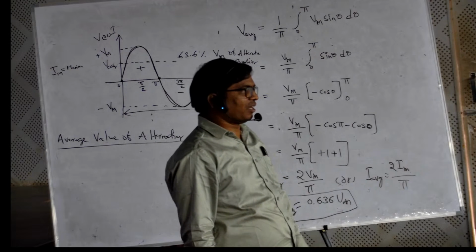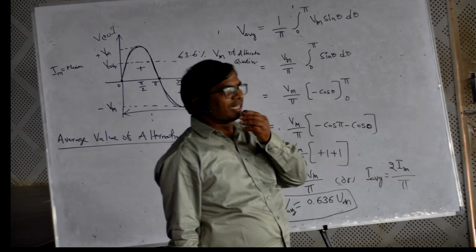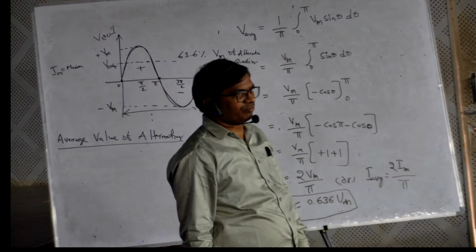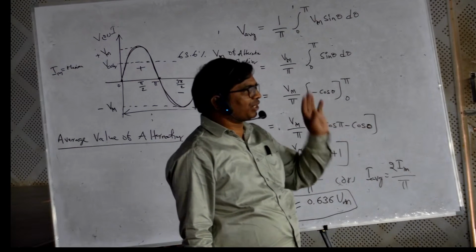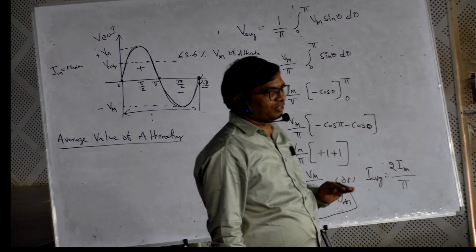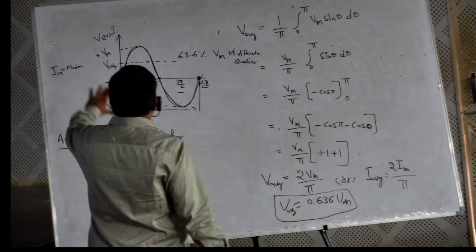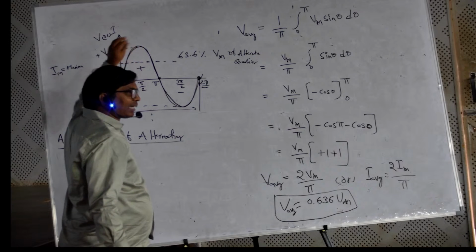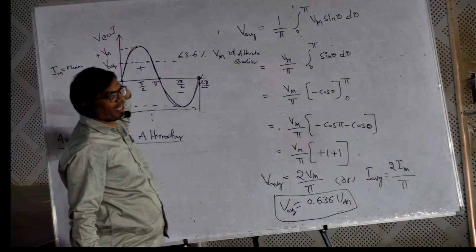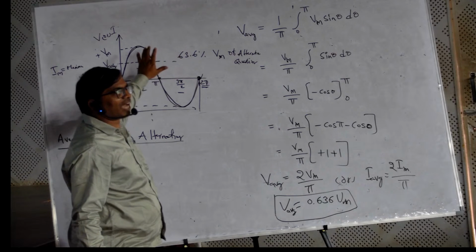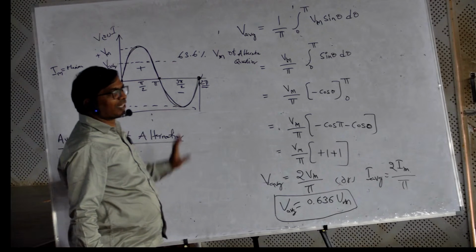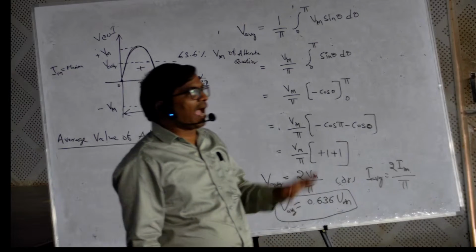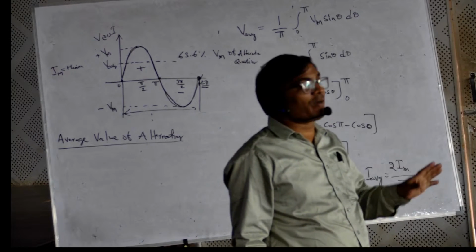Generally, for an alternating wave or symmetrical waveform, the average value over a full cycle is 0, but here we are not taking the average as 0; it is 63 percent. If you have 100 marks, the average is directly 63 percent, like out of 100 he got 63. So the average value of an alternating quantity is always 63 percent of the maximum value.